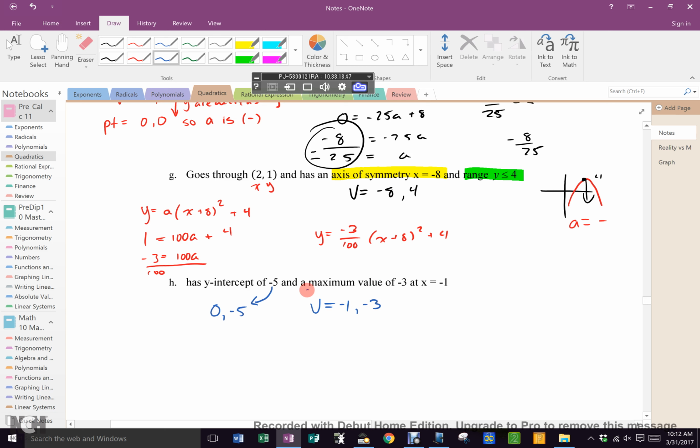Negative 1. And since it's a maximum, it has to be a sad parabola. So y equals a (x plus 1) squared minus 3. Just trust me. Yes? Right? Solve it.